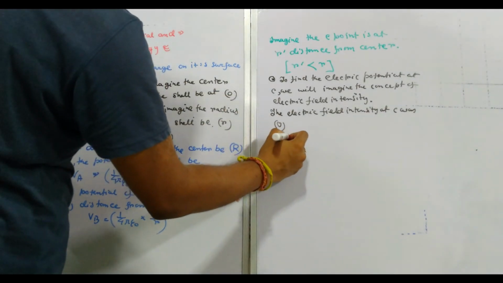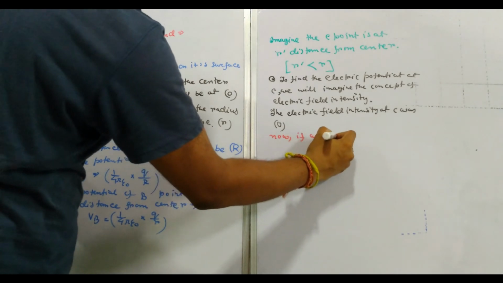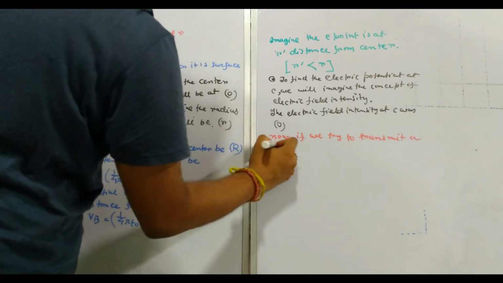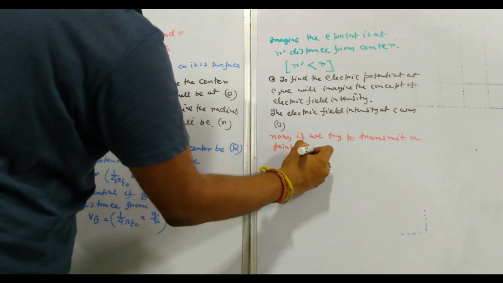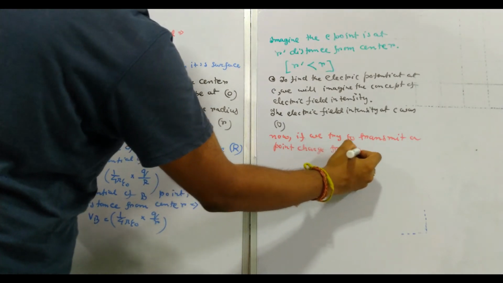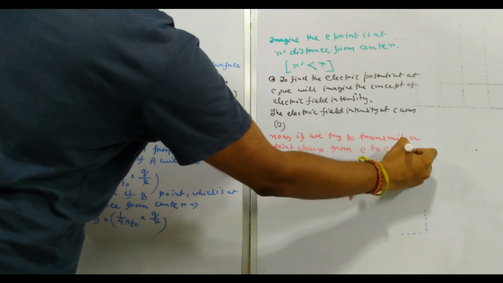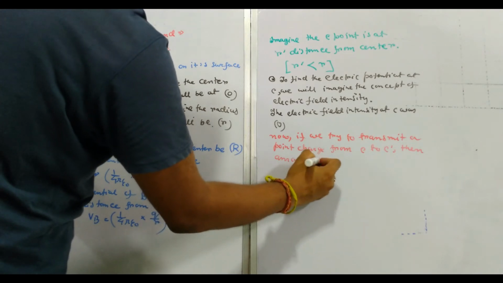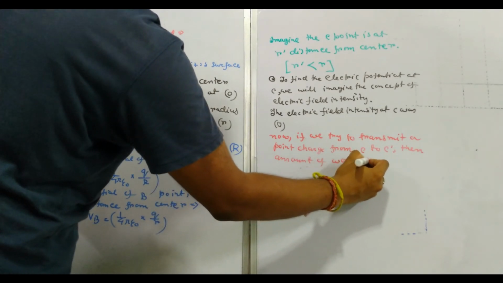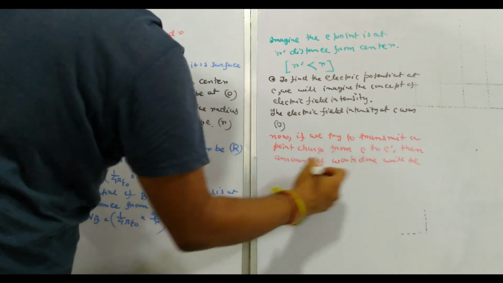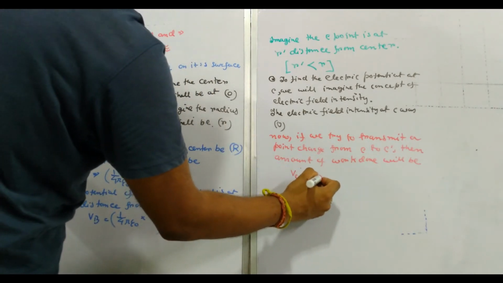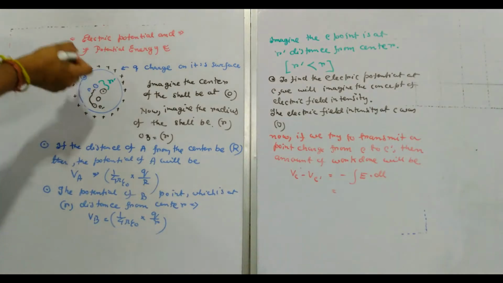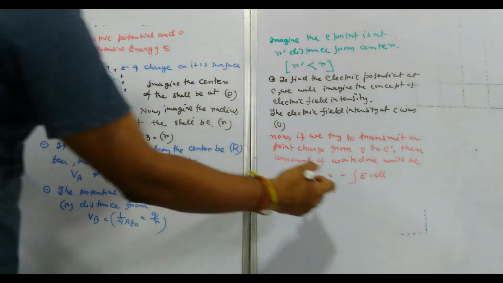Now, if we try to transmit a point charge from C to C dash, then the amount of work done will be Vc minus Vc dash, which is nothing but integration of E dot dl, and we know the electric field intensity inside the sphere will be 0, so this will be 0.